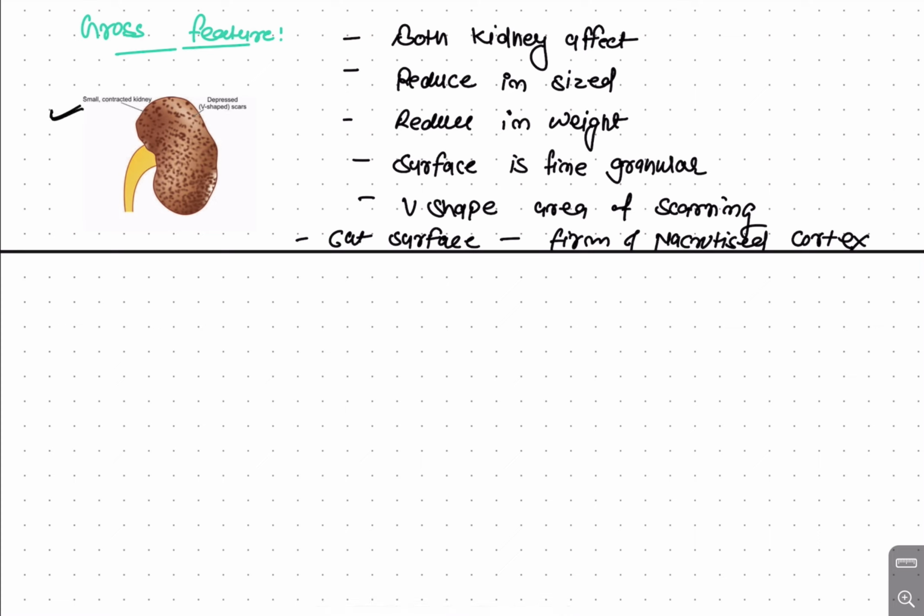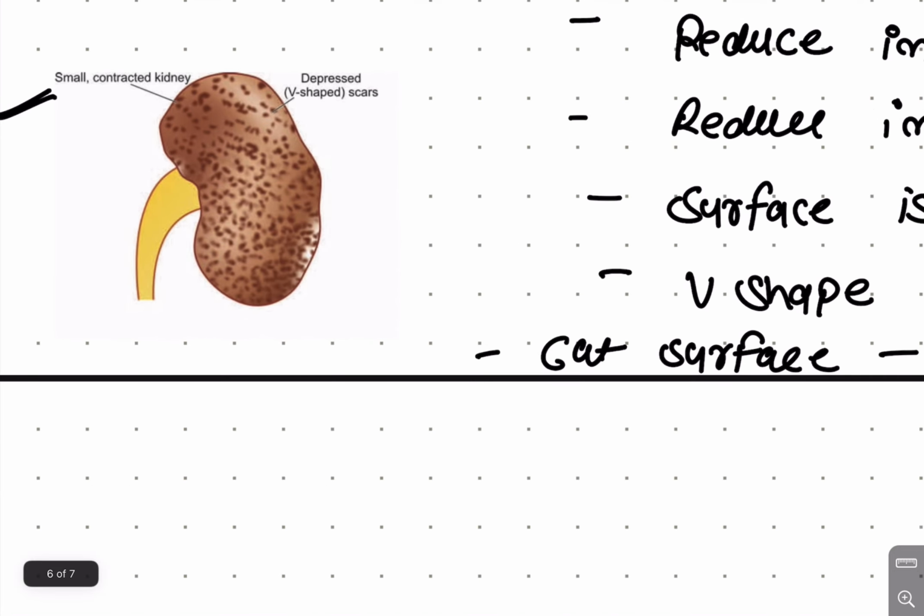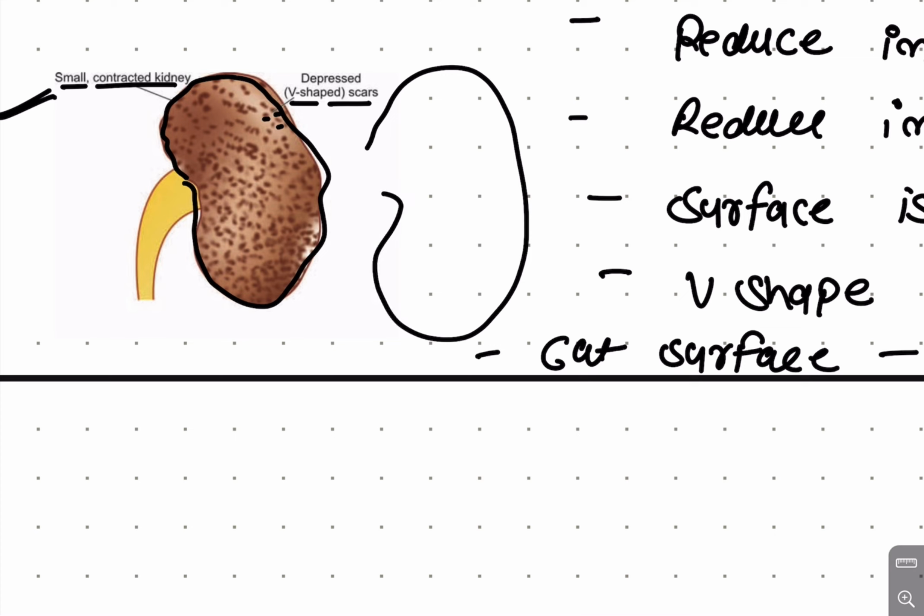Grossly, there will be V-shaped scarring. This is the V-shaped scarring, and this is the small contracted kidney. So the size of the kidney is reduced.